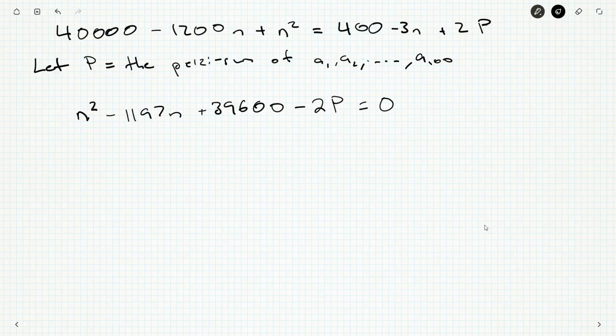Alrighty. Well, I suppose we complete the square. Except this isn't... It's not even, so I'm going to have to do something a little bit more.